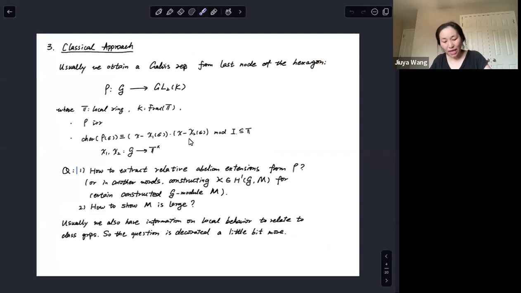So what do we mean by going from the node of the Galois representation to the abelian extensions, or equivalently some one cocycle?